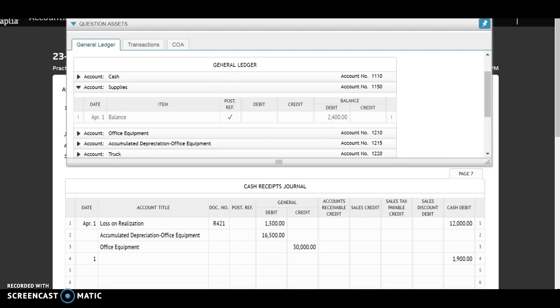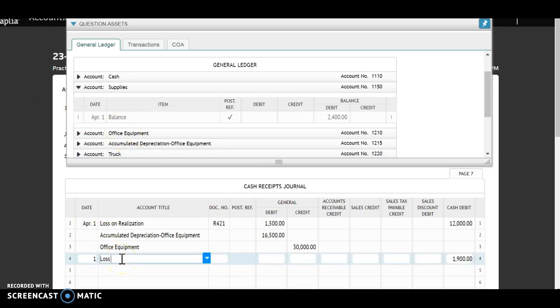Here it says my supplies are worth $2,400. I don't have accumulated depreciation on that, so $2,400 is simply my book value. So I'm going to take the cash that I received, $1,900, minus the $2,400 in supplies. That tells us that we have a loss on realization of $500.